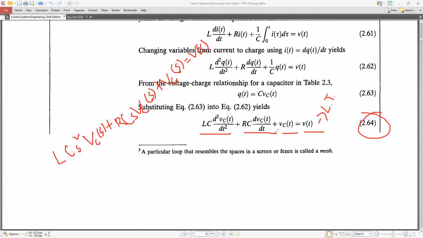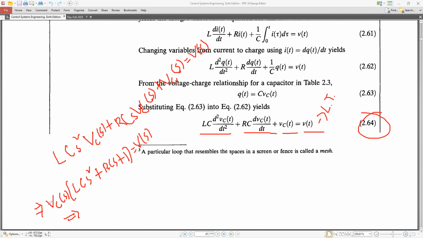Now take VC(s) common. Then (LC s squared plus RC s plus 1) VC(s) is equal to V(s) after taking the Laplace transform.